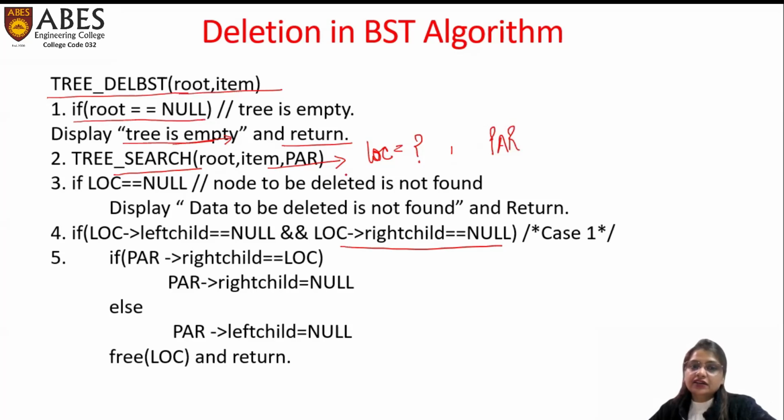By referring to that procedure, I may know whether that item is present in the binary search tree or not. If the location is returned as null, it means the data which I want to delete is not present, and I will simply return.